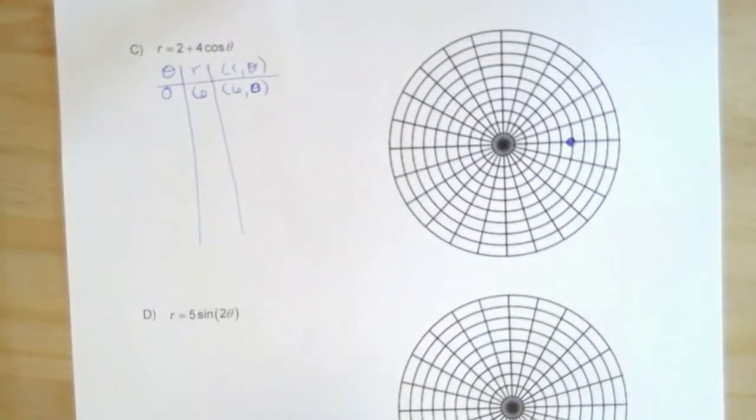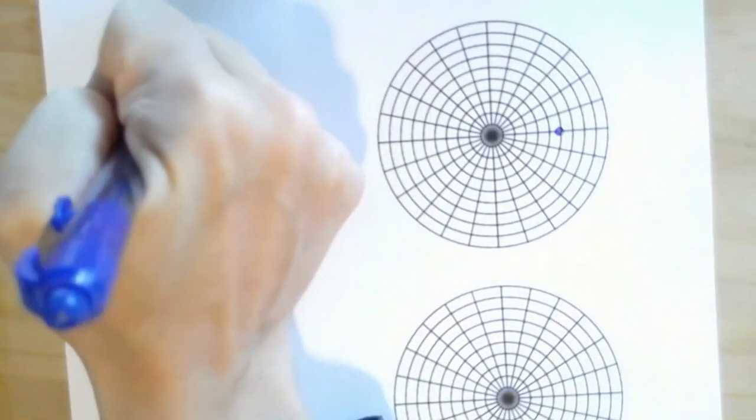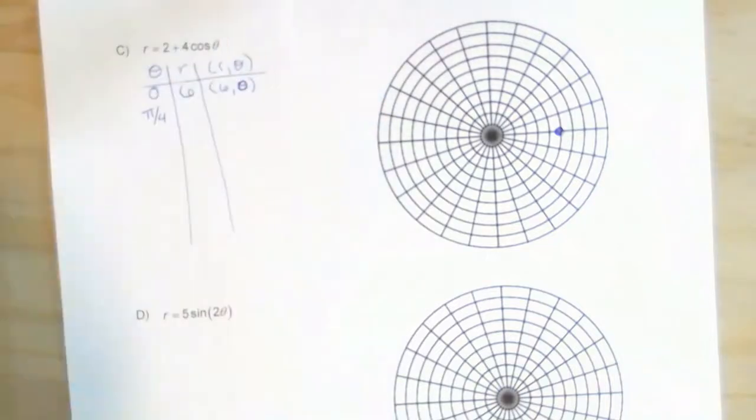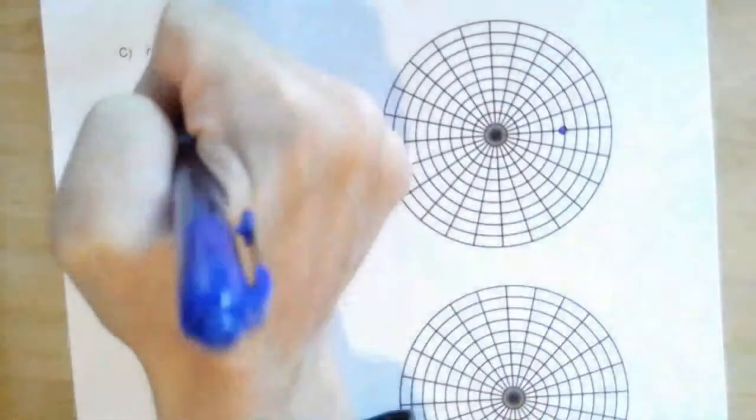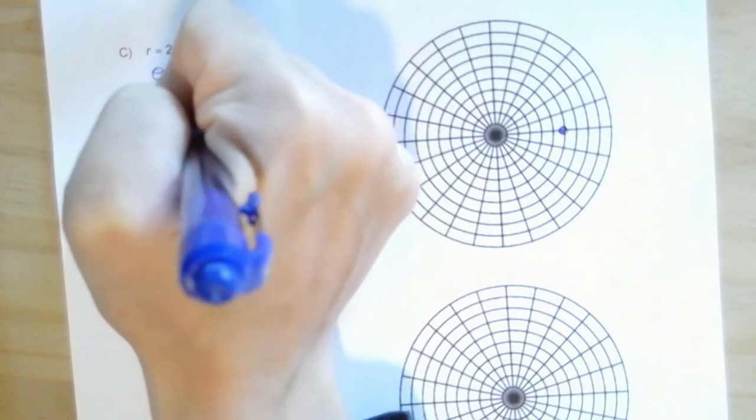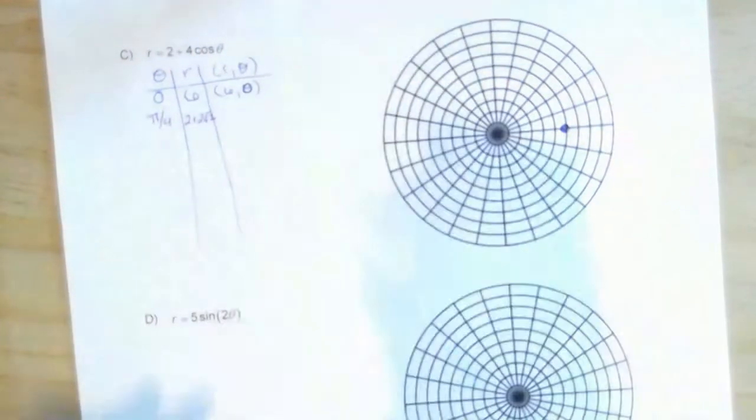Okay. Now, like I said, they did pi over 3, but let's do pi over 4 just to check what that looks like. So if I did pi over 4, I get square root of 2 over 2 for cosine. So this would be 2 plus 2 square root of 2. And maybe this is because if we didn't have a calculator to adjust, we would have to remember that this is going to be a little bit more than, let's see, let's just do that.